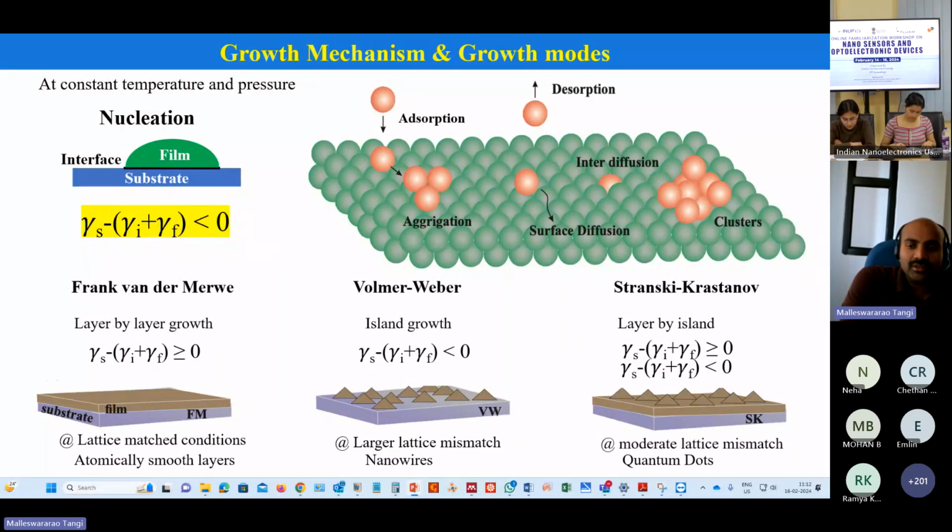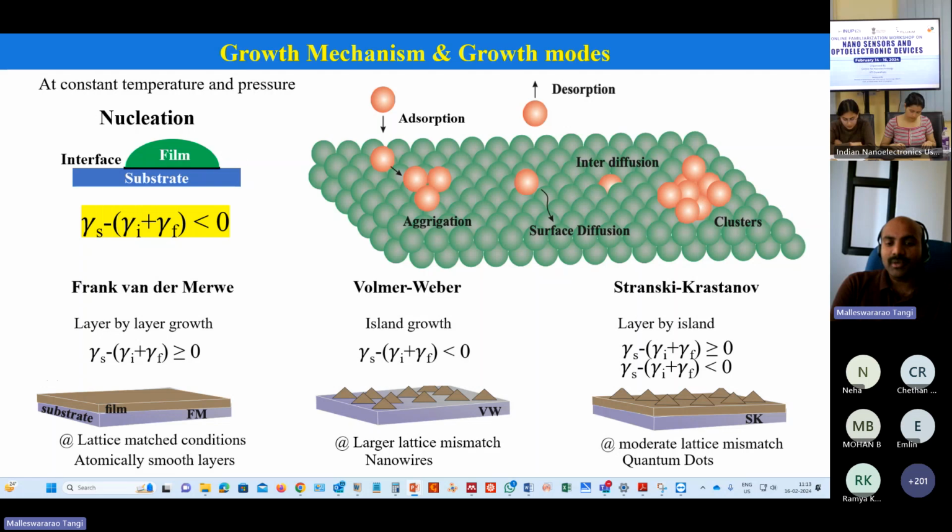And this nucleation has three different types. One is Frank van der Merwe, where layer by layer growth takes place. When the film lattice parameter is exactly the substrate lattice parameter, like homoepitaxy kind of growth, you will have a layer by layer growth. And the next one is Volmer-Weber growth. This is island growth.